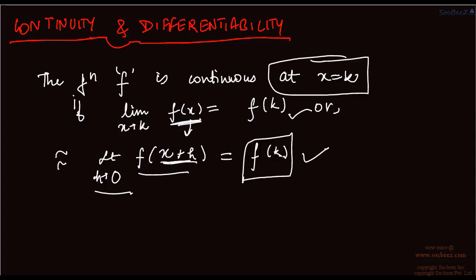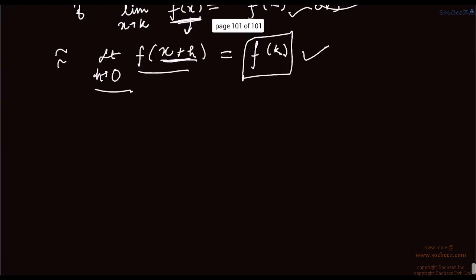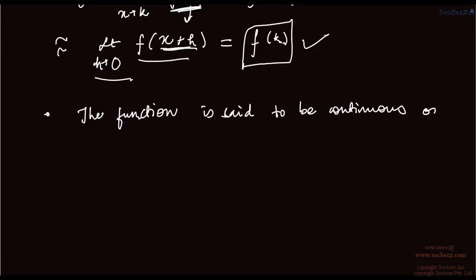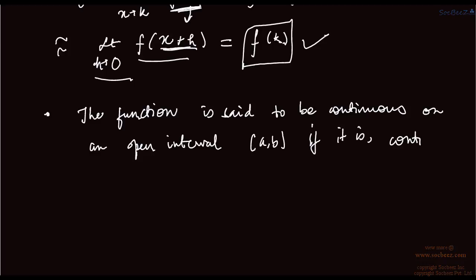Now this is at a point k. If it has to be continuous in an interval, let's say the function is said to be continuous on an open interval a to b if it is continuous at each point of a to b.